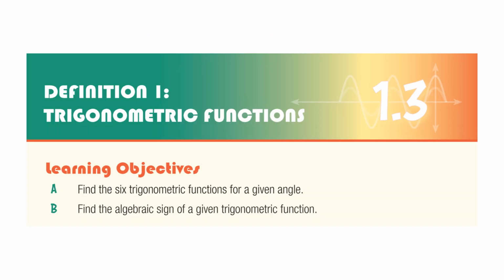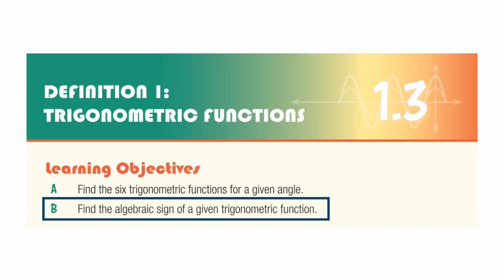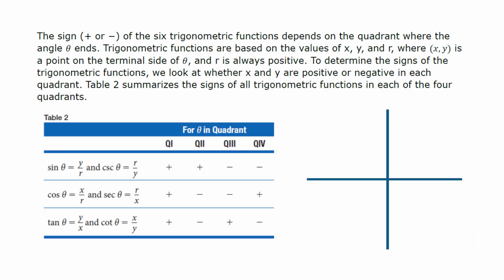Our next objective, so objective B, that we're going to walk through is find the algebraic sign of a given trigonometric function. So the sign, whether positive or negative, of the 6 trigonometric functions depends on the quadrant where the angle theta ends. So that's the terminal side.